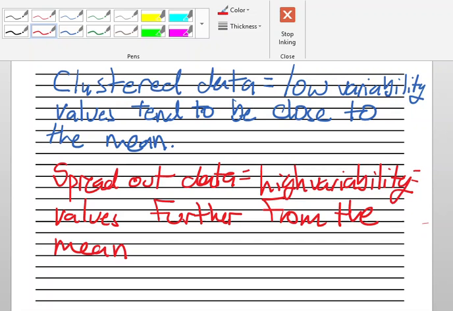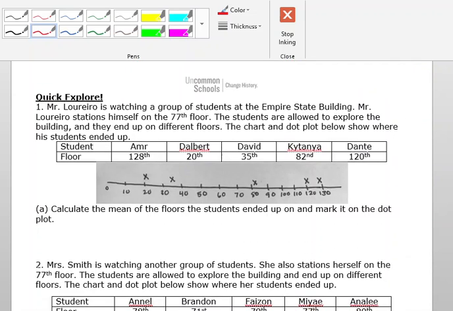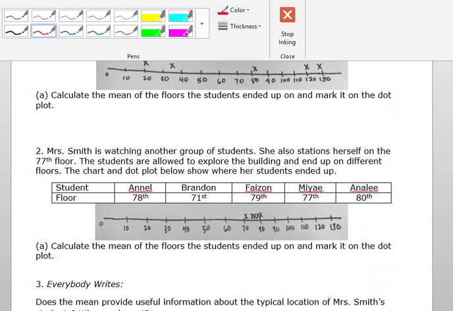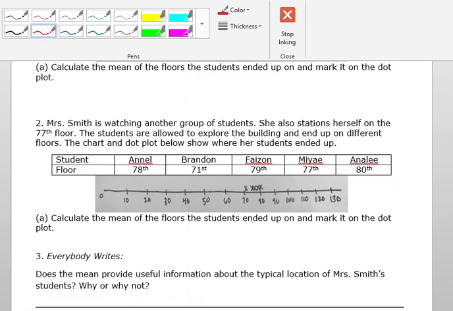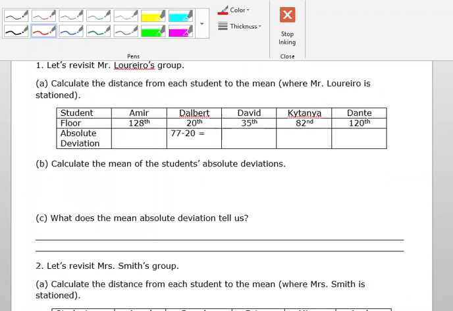We'll take a look here and review some of the work that we did today. I'm going to skip down to the guided practice because it's not so different from the page before it. We have Mr. Loriot, and if we remember, he took his kids on a field trip to the Empire State Building, and he stayed on the 77th floor.